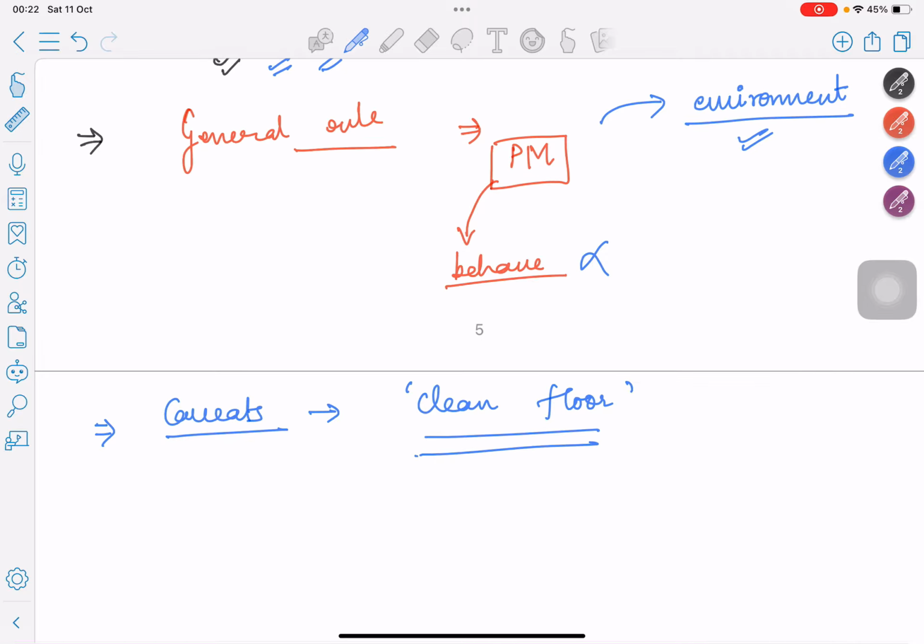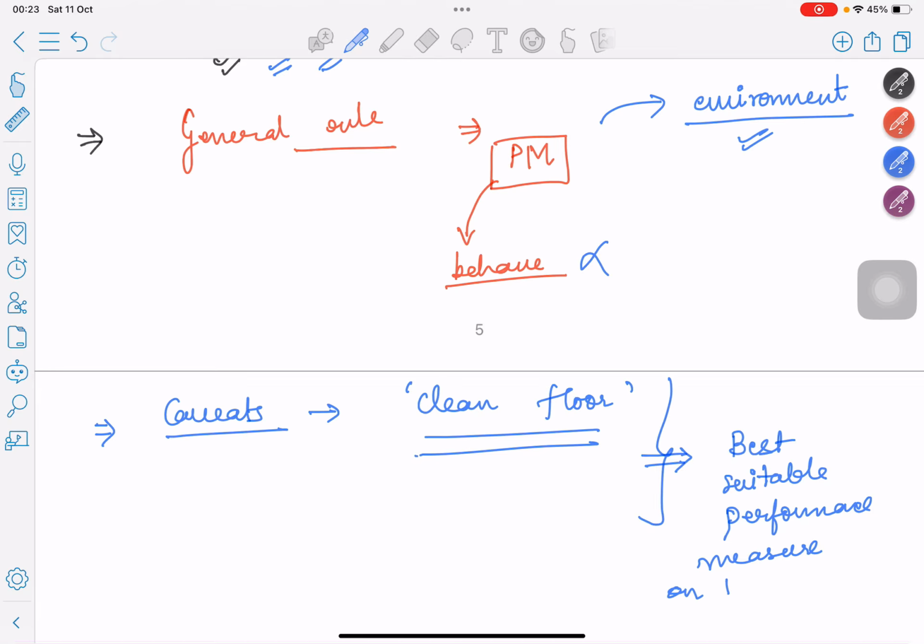There are certain caveats still in play, and I think we cannot get rid of all of them, but we need to observe all of them, and we need to find the best suitable performance measure on the basis of how it is going to affect my environment, not on the behavior of the agents. Best suitable performance measure on the basis of environment.